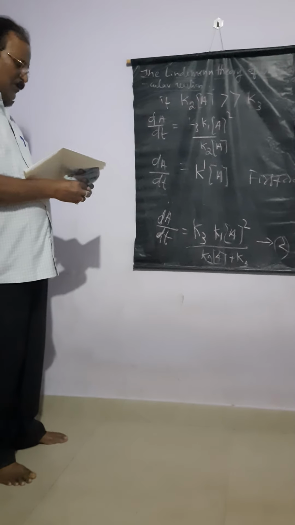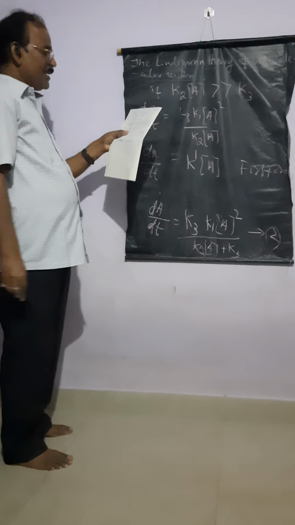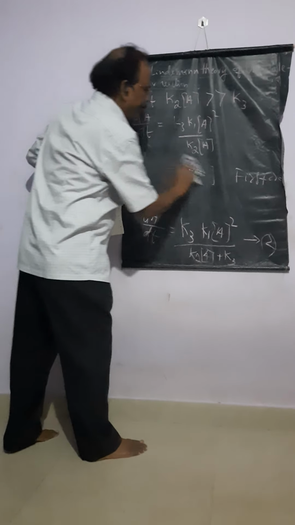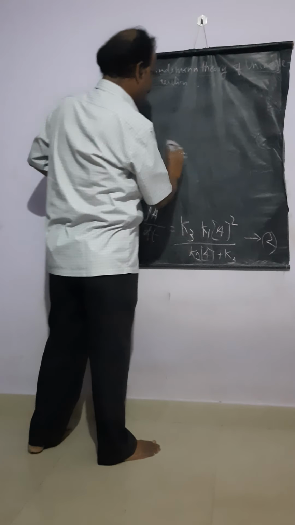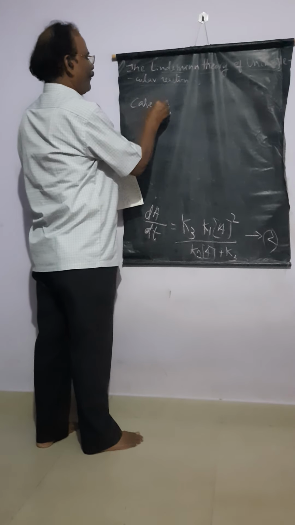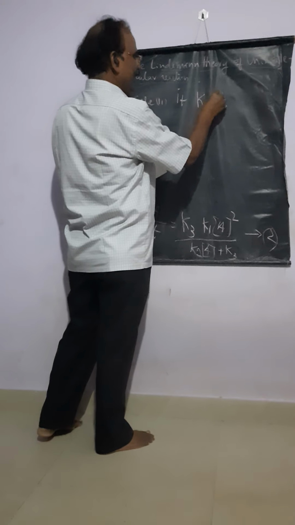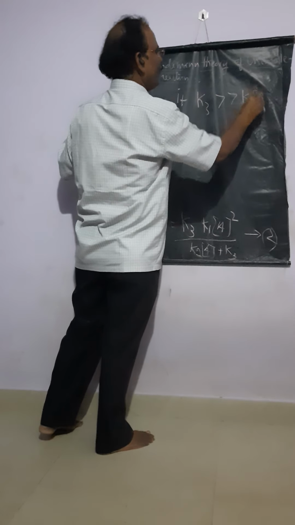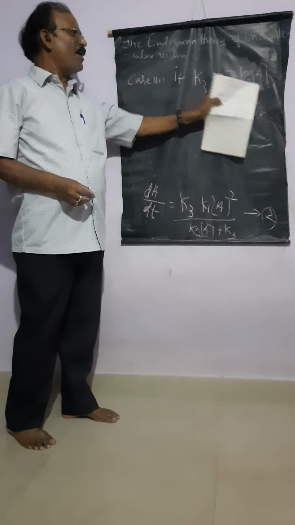And in case 2, if K3 is very greater than K2A, then the reverse case, that is case 2, if K3 is very greater than K2 into the concentration of A. That means at very low concentration of A, what happens?